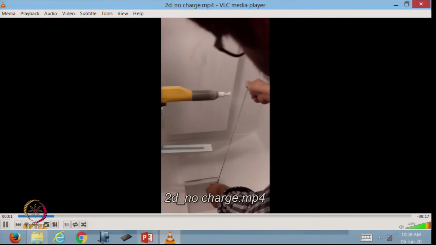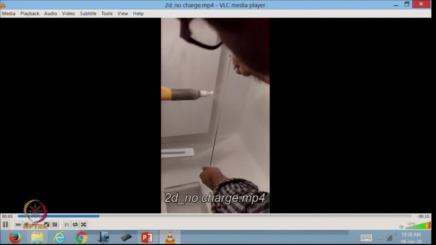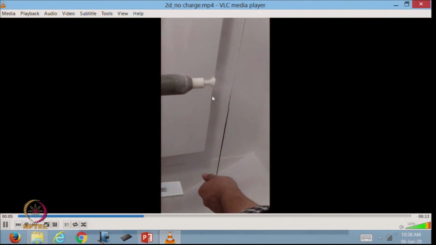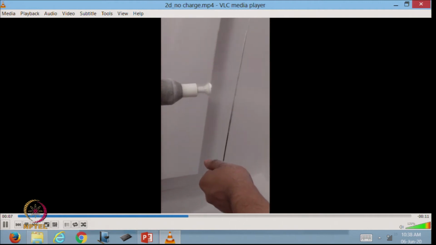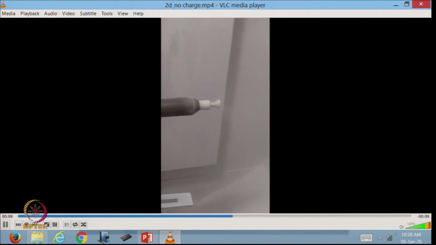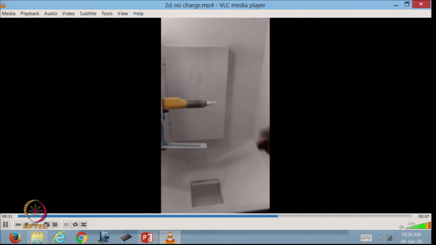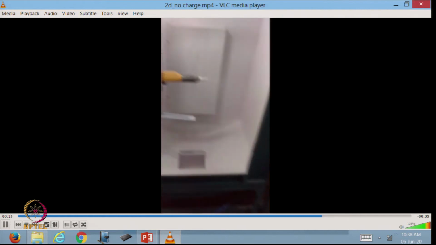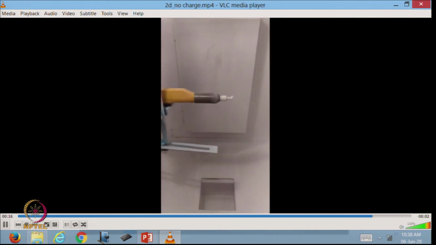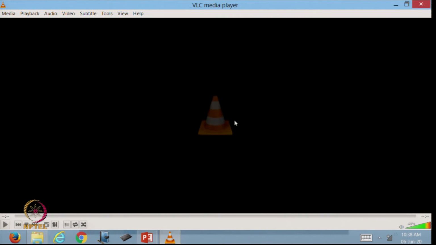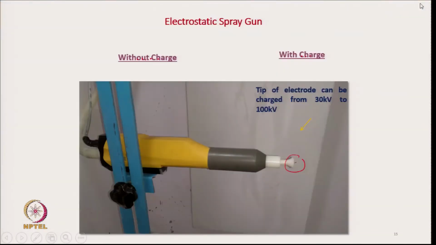Here we can see there is no charge, so powder is coming out. The coating efficiency is very poor. The powder is not coated properly, and effectively the powders get separated.